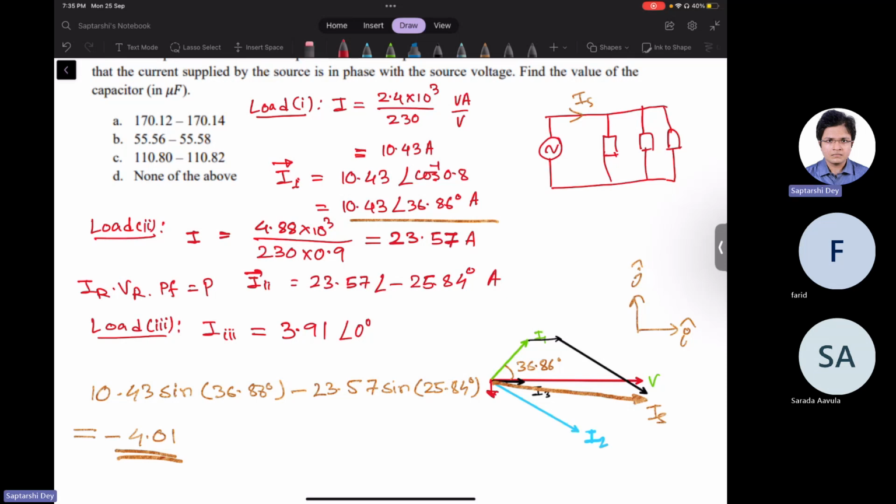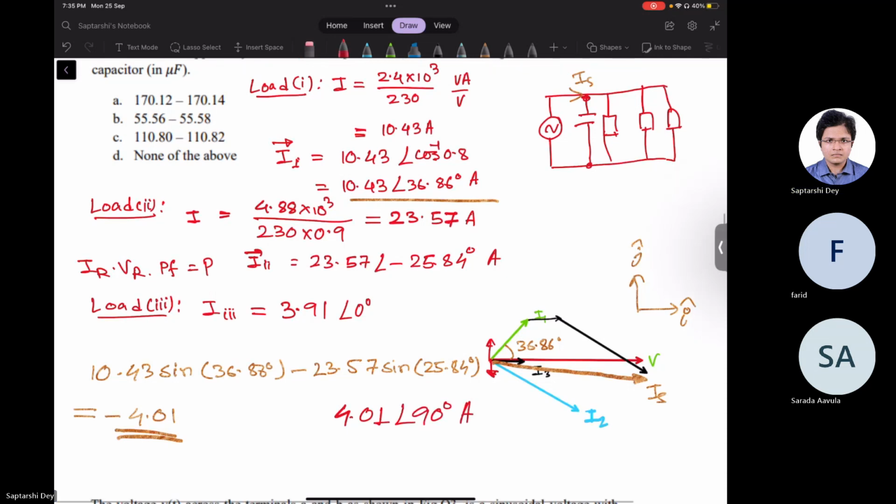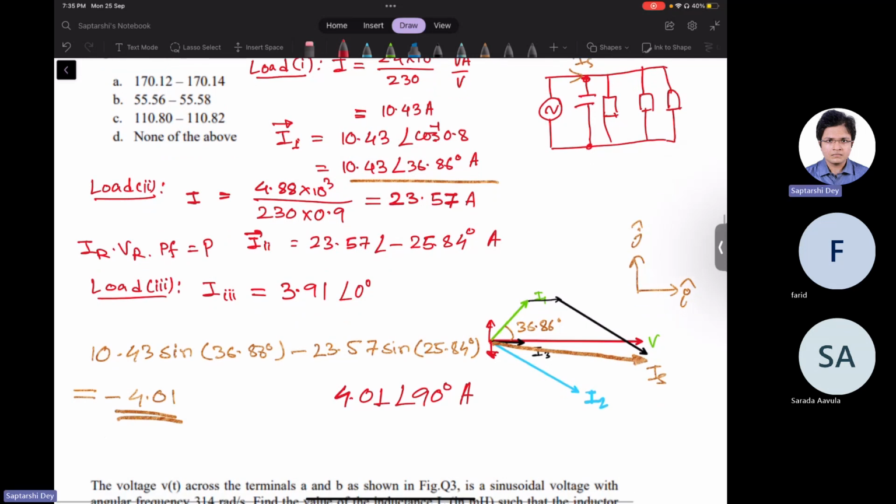So basically this much is the reactive component of the resultant current. So I have to connect a capacitor here that would draw a current of equal magnitude. That is a capacitor that would draw 4.01 ampere of current at angle 90 degree from 230 volts.